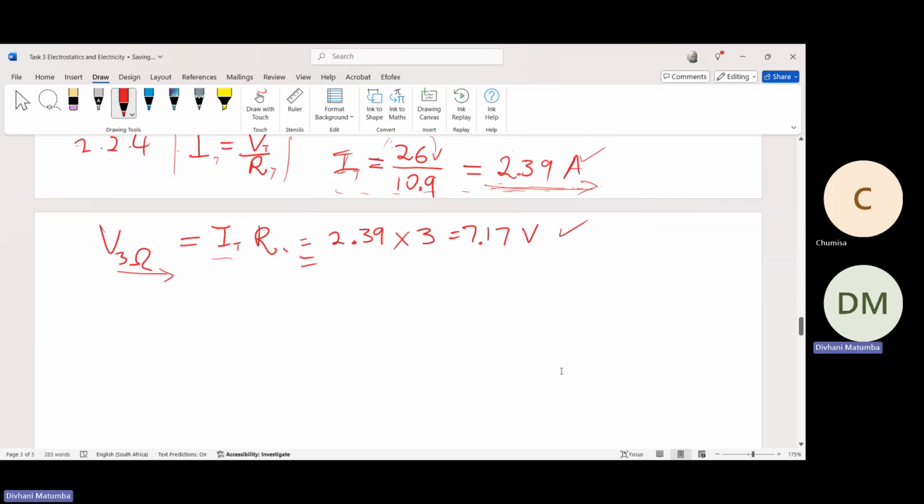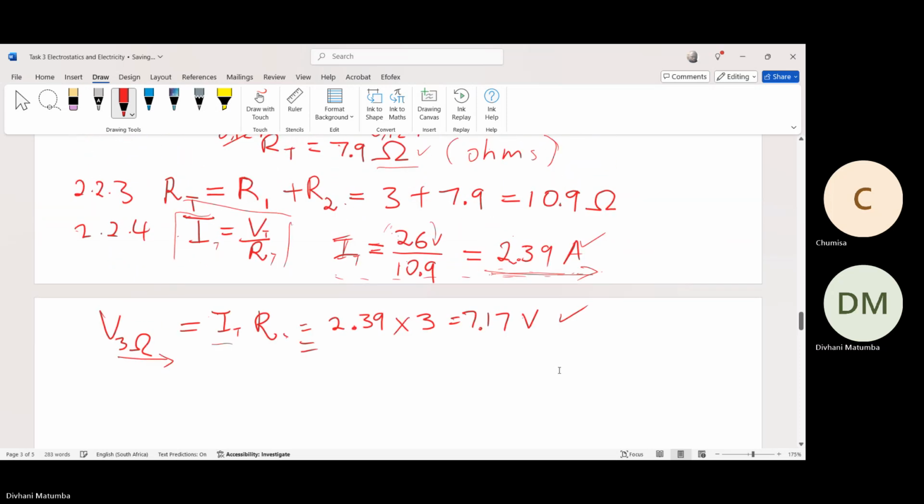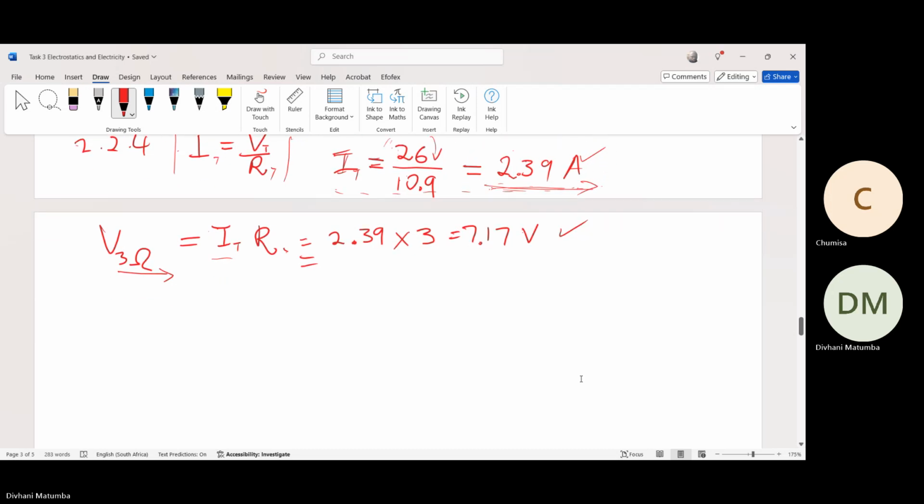There's another method you can use. The other method you can use is to use ratios.